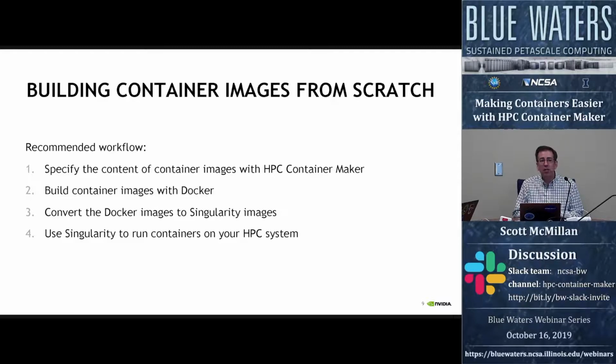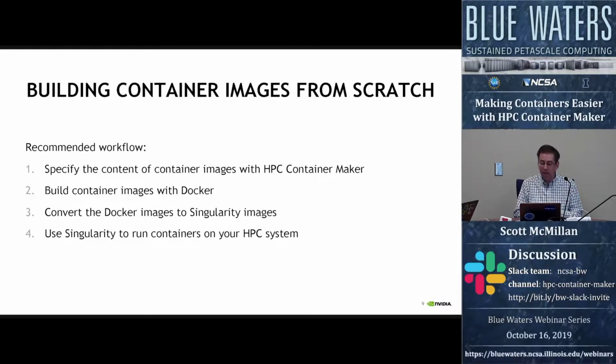Build the images with Docker. Docker images have some advantages over other container formats, in that they're layered, and you can use build caches and things like that. So you can really speed up building your container images by building them with Docker. Pretty much every HPC-focused container runtime, whether it's Singularity or Charliecloud or Shifter, works very well with Docker images.